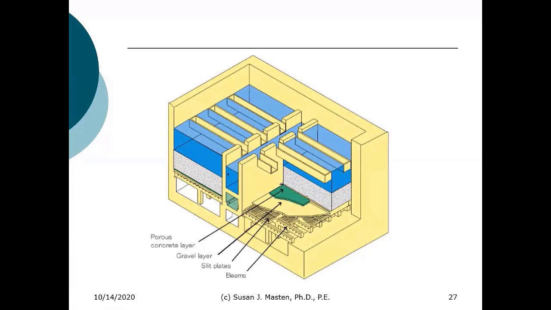You can see here's your gullet. You've got the wash troughs here. You have your collection system with all the laterals at the bottom. You have a gravel support. And then you have your sand on top of that, and then the water level.